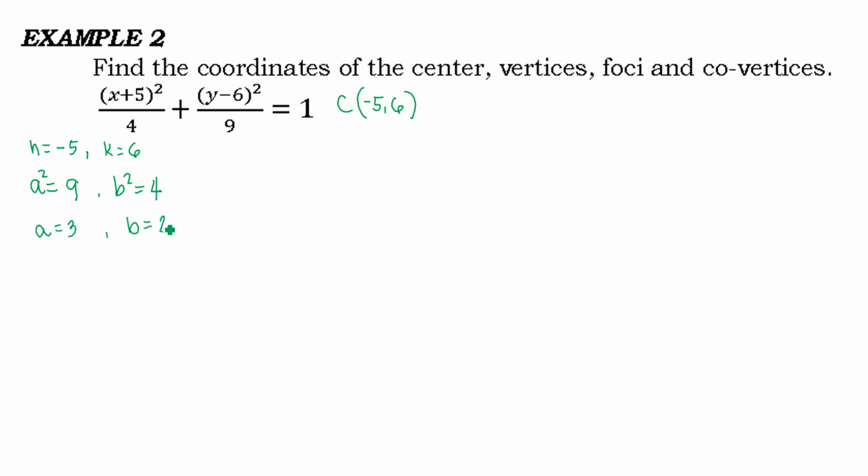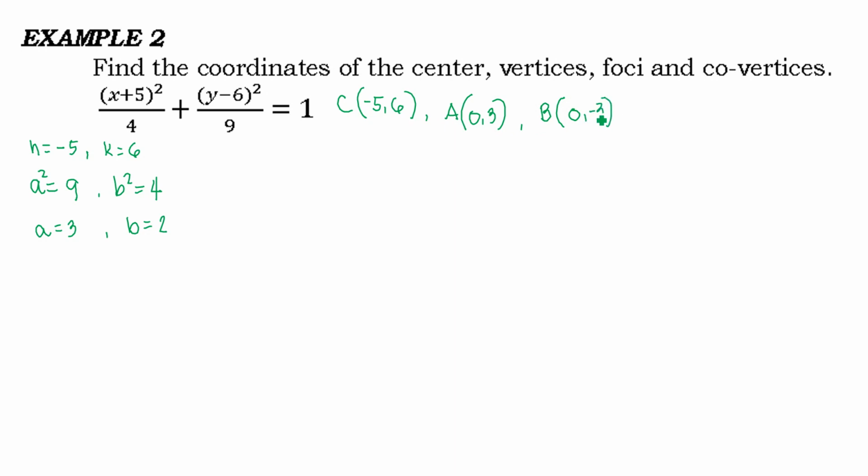So, the vertex, okay, kasi patayo siya. So, the vertex, let's say our a would have the coordinates of 0, 3, and b would be 0, -3.